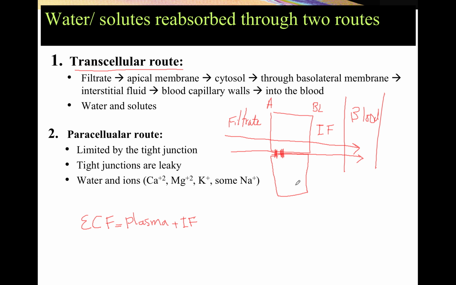So you're not going through the cell, but between the cells by passing the tight junction. And typically water and ions are the ones the tight junctions are permeable to, allowing these molecules to move from the filtrate into your bloodstream.